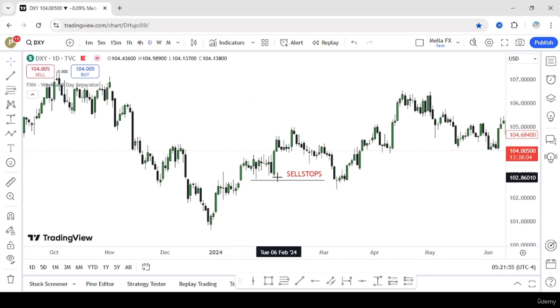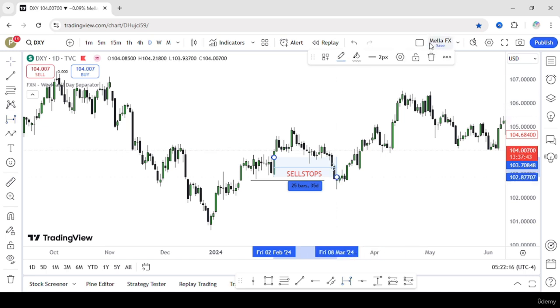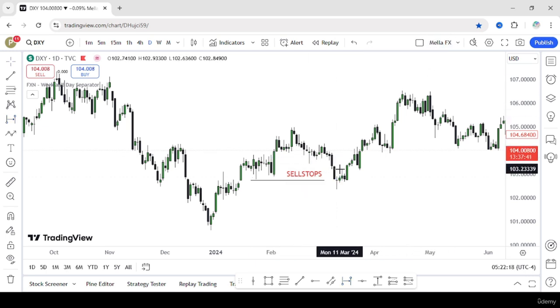When we get this instance, we anticipate that the market will later in time run it, not necessarily instantly, because you can see that in this instance the market did not run that liquidity for a period of 35 days. That's a whole month plus. Then we later found that the market came back down, then moved higher towards the price range in which it was initially going.